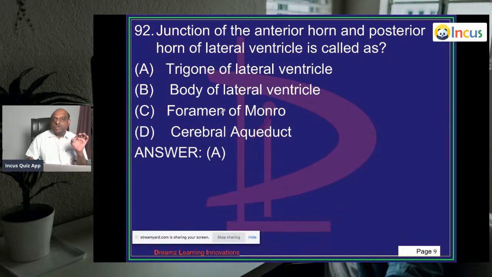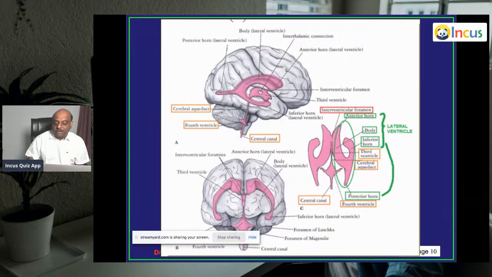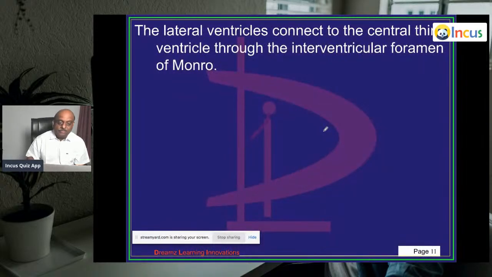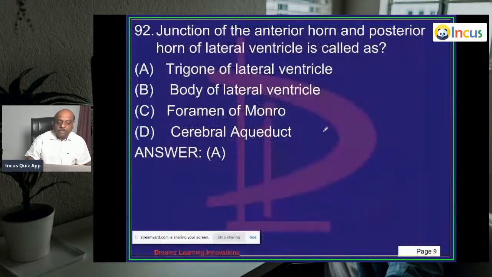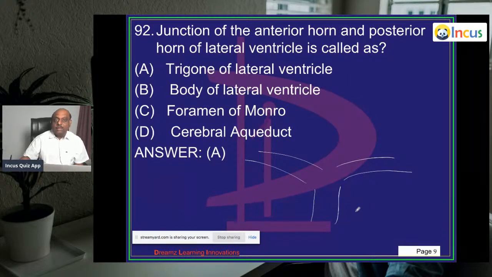The junction is called the trigone of the lateral ventricle, which you need to remember. The lateral ventricles connect to the central third ventricle through the interventricular foramen of Monro. So both lateral ventricles open into the single third ventricle through the foramen of Monro.